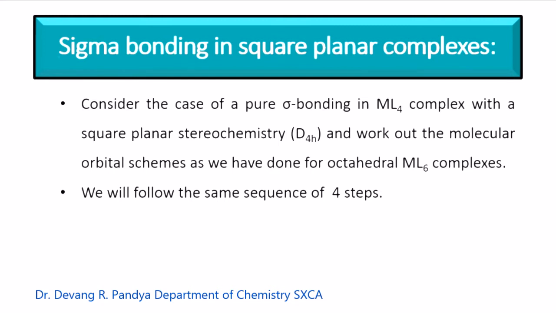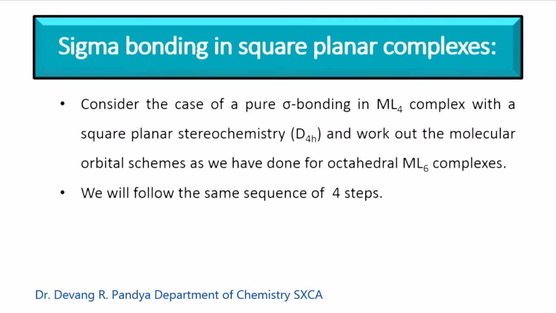A pictorial diagram is represented to indicate the overlapping between the equal-symmetry LGO and atomic orbital of the central metal ion and their interaction. Step 3 is always the formation of molecular orbitals, and we give the wave function associated with each interaction.